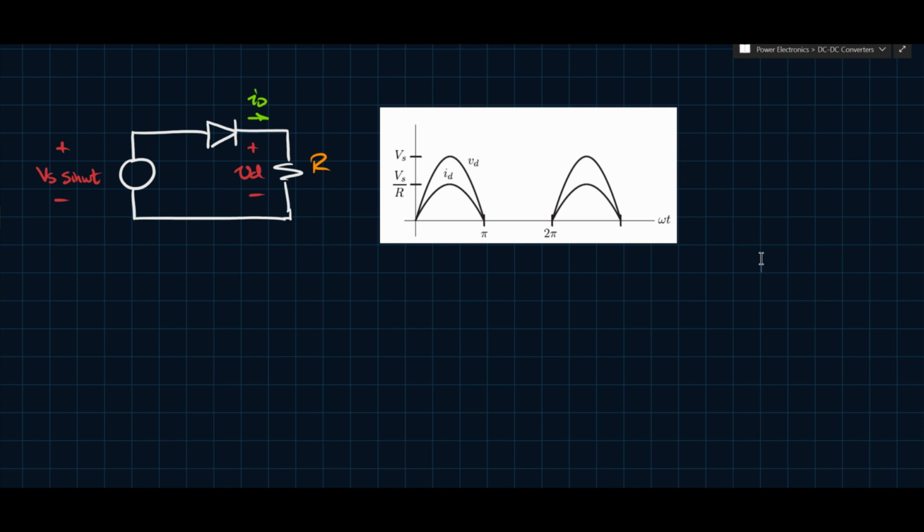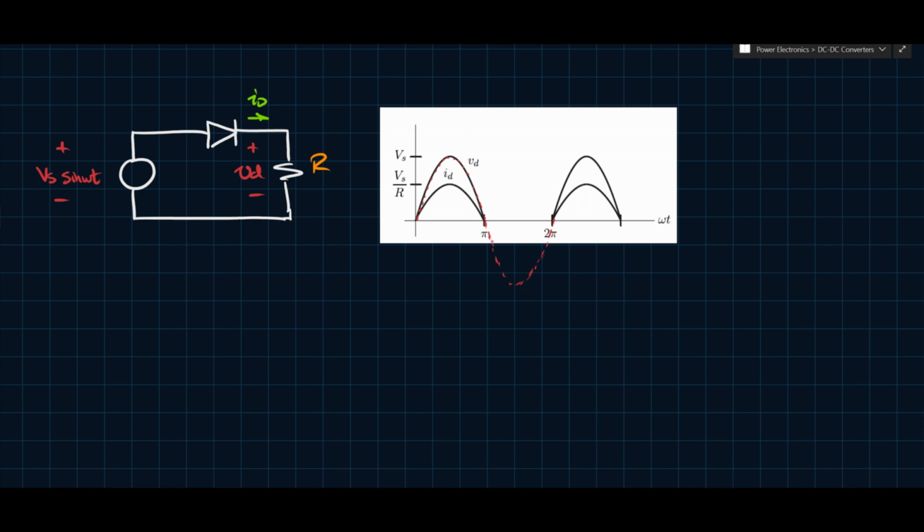So what's happening here? We know that Vs, or this voltage source, is a sinusoidal source, and obviously sinusoidal sources are positive and negative. So this sinusoidal source goes up, it comes down, and then it goes below zero as well, something like this, obviously not drawn to scale.